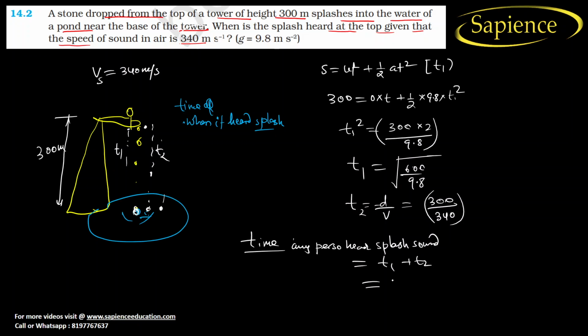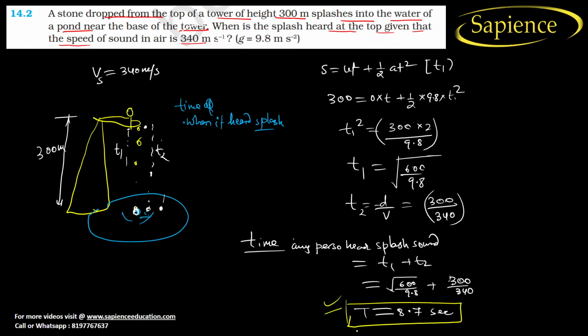So we have to put here T1 is equal to root under 600 by 9.8 plus T2 is 300 by 340. So when we calculate this, our answer we will get approximately 8.7 second. So the total time required is this. So our required result for this question is T is equal to 8.7 second. So I hope you have understood this, right?